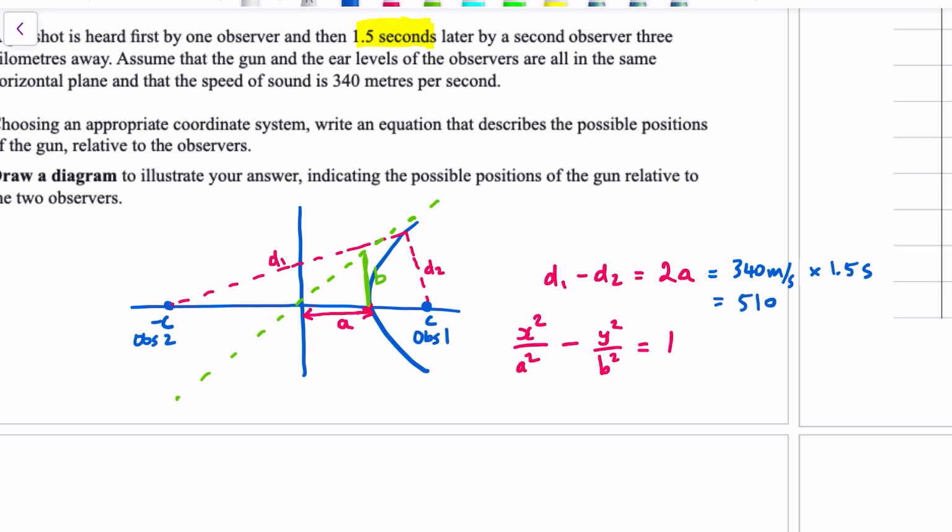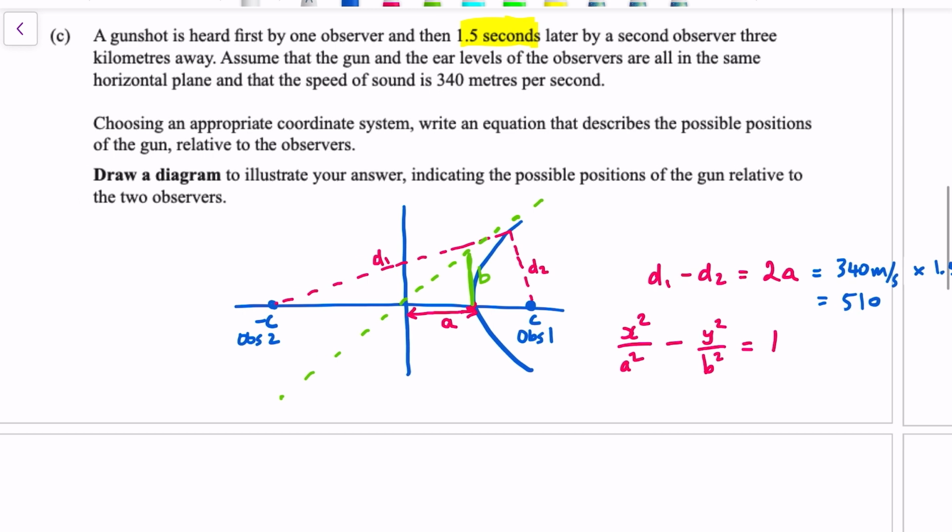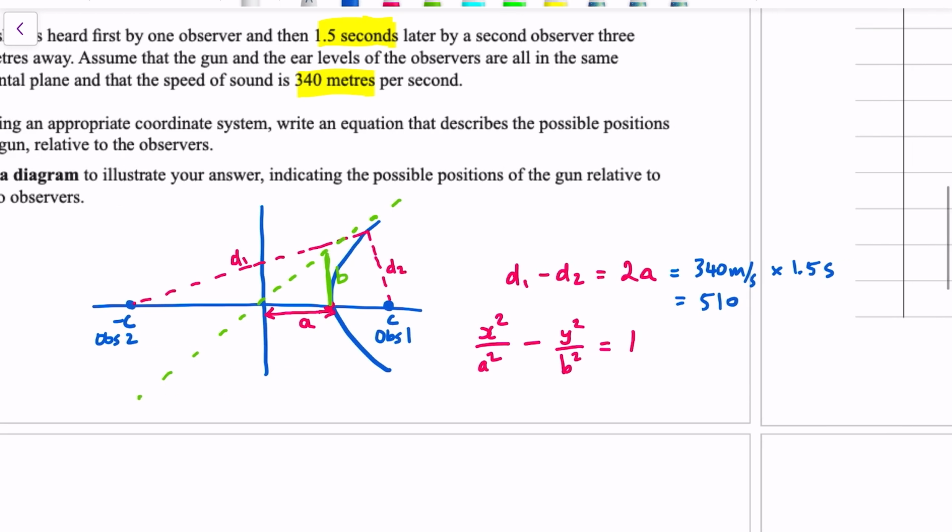Okay, so how does that help? We're told that's the only numbers we've got, but we know, based on our knowledge of hyperbolas and the properties of them, that this number is equal to 2a, so 510 divided by 2 is equal to 255. A is equal to 255.